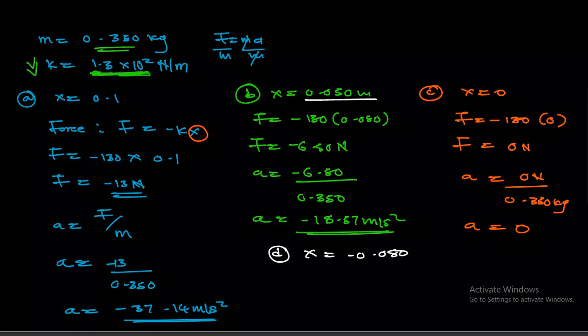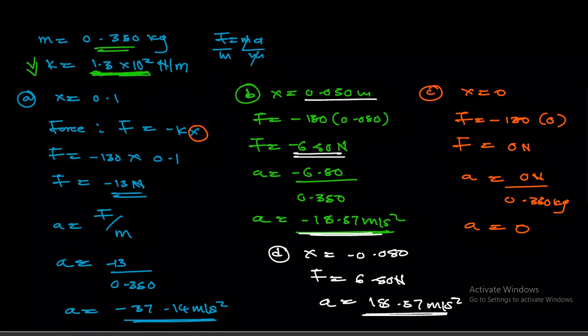What is going to change is just the signs. So the force is going to be 6.50 Newton, and the acceleration, instead of negative, is going to be positive 0.57 meters per second square.